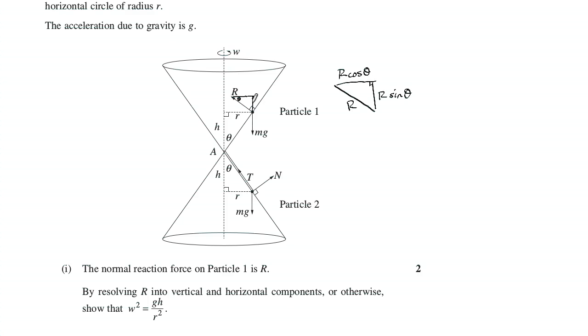So because this particle isn't going to be falling down or anything, we want this force, the upwards force, to balance that one. So that means r sine theta equals mg. And then we're going to have that this force, the r cos theta, that's going to be the mass times the acceleration.